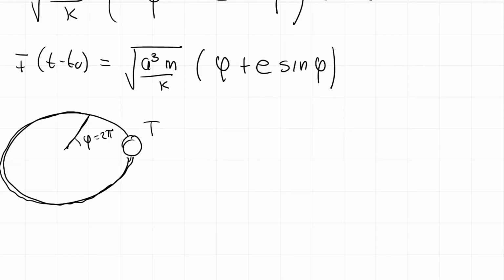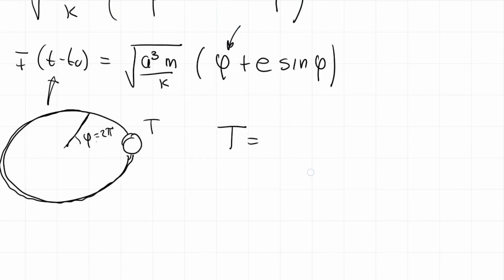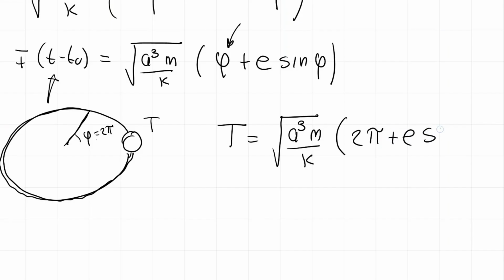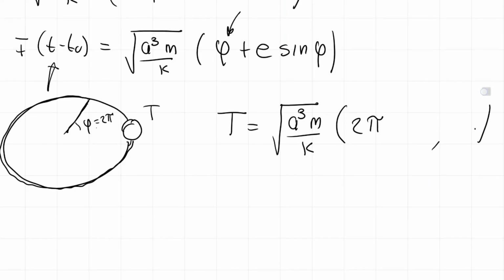So if we take this result, for the time we can just take the period and substitute 2 pi in phi. We are going to get that t, the period, is equal to the square root of a cubed m over k times 2 pi plus e sine of 2 pi. But sine of 2 pi is 0, so this is just going to be equal to 2 pi.